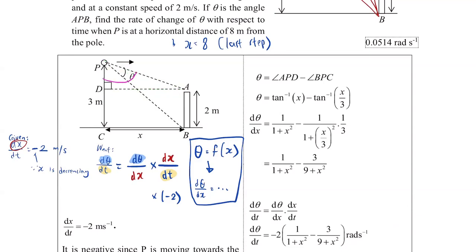So maybe if I just redraw the triangle. Opposite is x, right? And the adjacent? Total height 3. Here is 2. So what's the remaining length? 1. Yes, so it's 1.